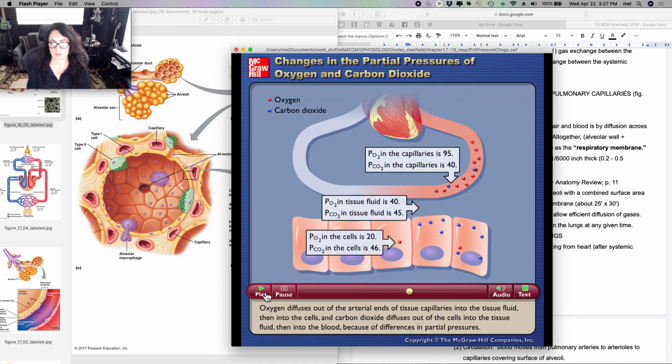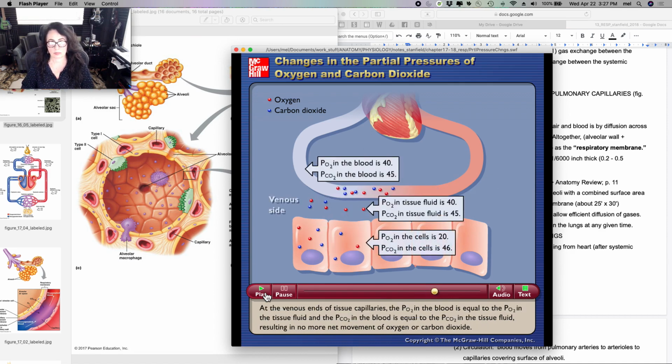Oxygen diffuses out of the arterial ends of tissue capillaries into the tissue fluid, then into the cells, and carbon dioxide diffuses out of the cells into the tissue fluid, then into the blood because of differences in partial pressures.